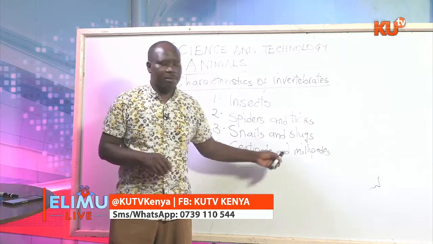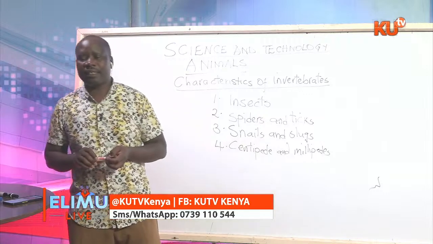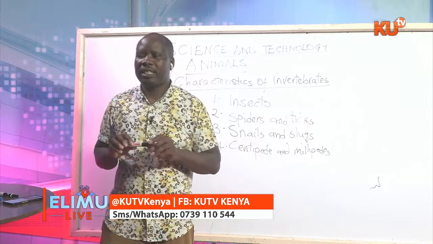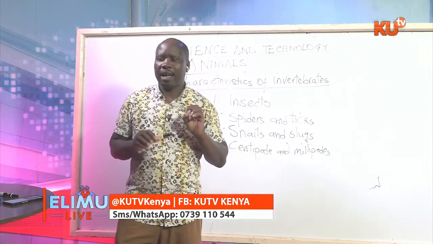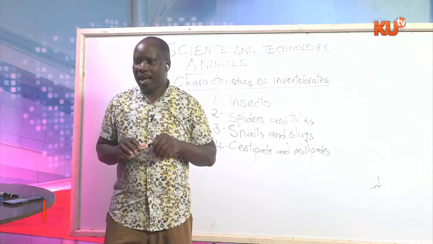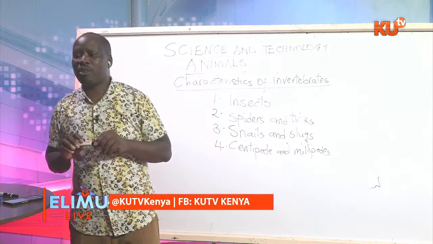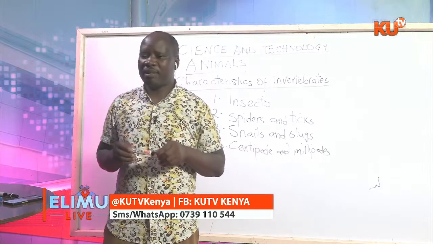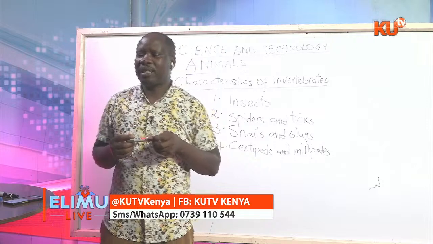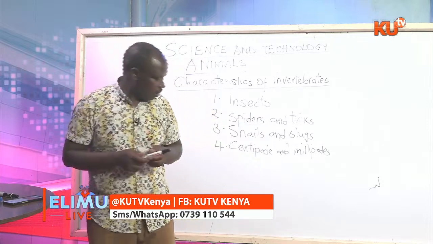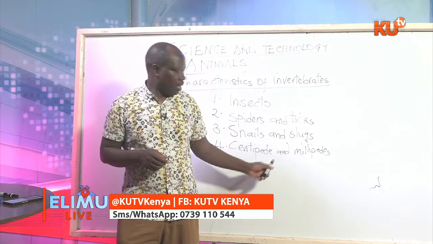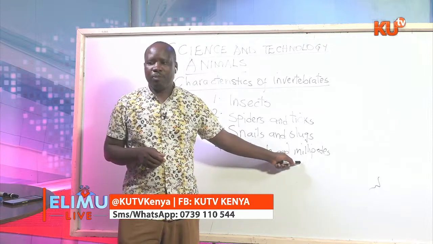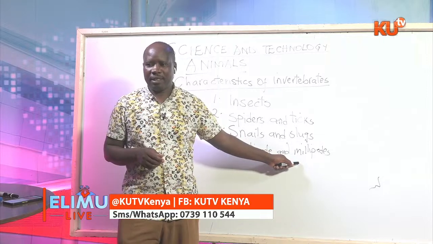The first characteristic is that their body is divided into 2 parts, which is the head and the trunk. And the trunk is also divided into small parts called segments. It is in these segments where we have pairs of legs. Under centipede, 1 pair of legs per segment, and under millipede, 2 pairs of legs per segment.